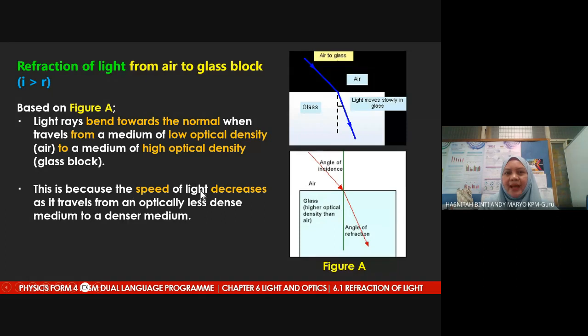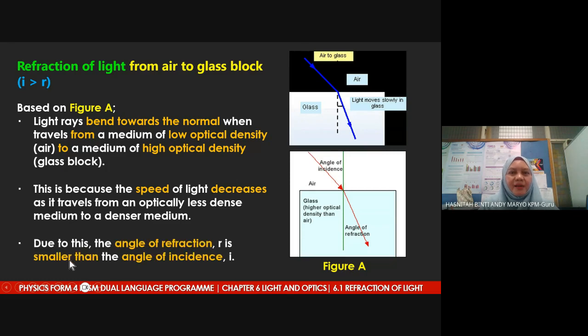Because the speed of light decreases as it travels from an optically less dense medium to an optically denser medium. The angle of refraction is smaller than the angle of incidence, so R is less than I. This is what happens when a light ray travels from a less optically dense medium to a more optically dense medium.